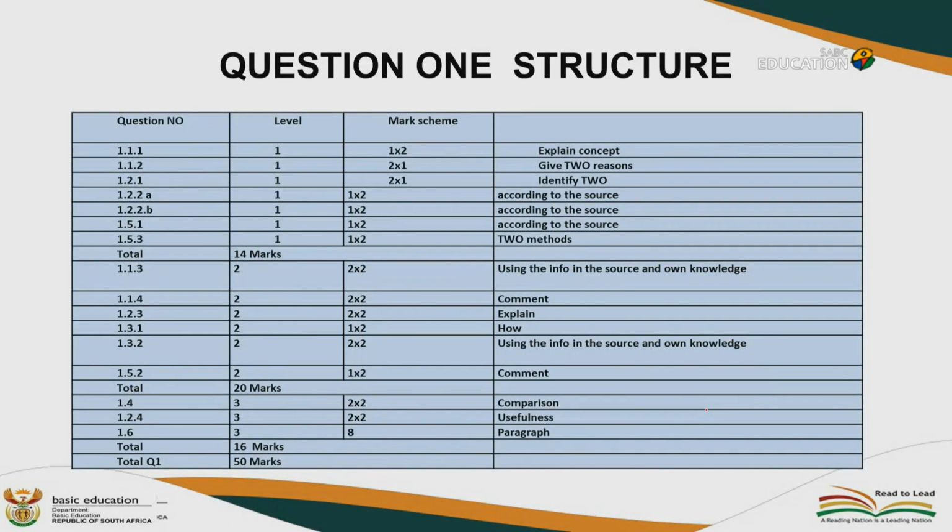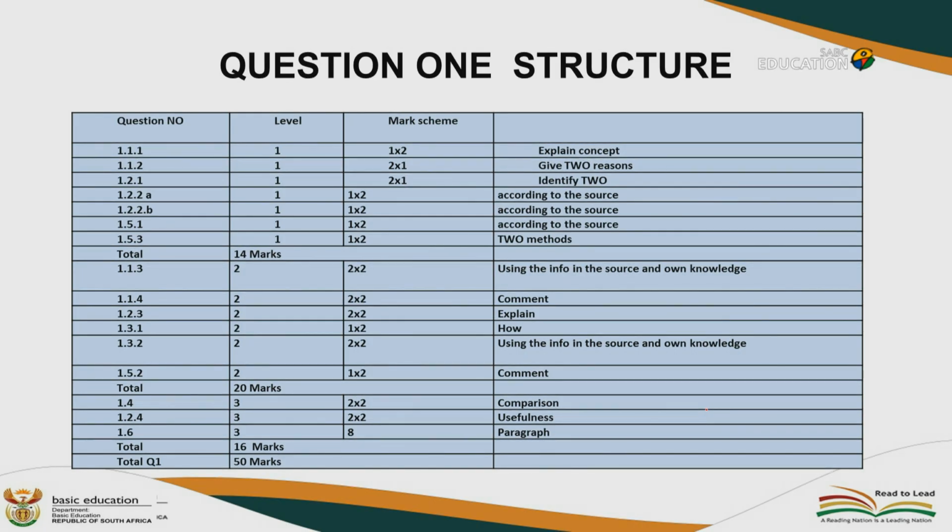Right. Now, these are the structures of how the questions are phrased in history. In the past question papers that you will collate, this is what you must look for. The question paper will have this format of question numbers. It may say 1.1.1, 1.1.2, just as in this format.